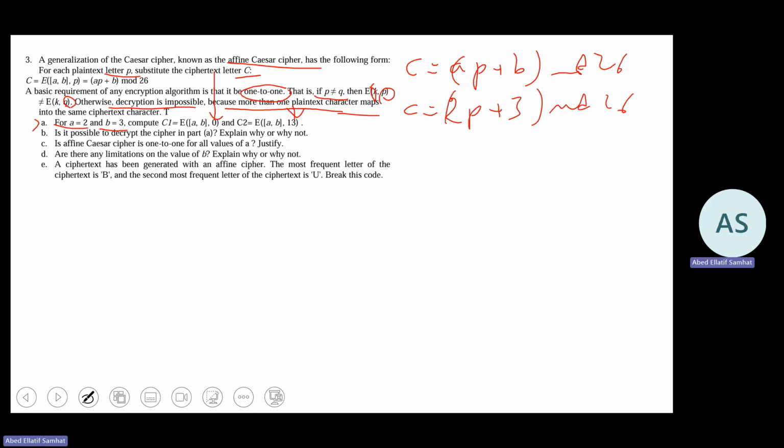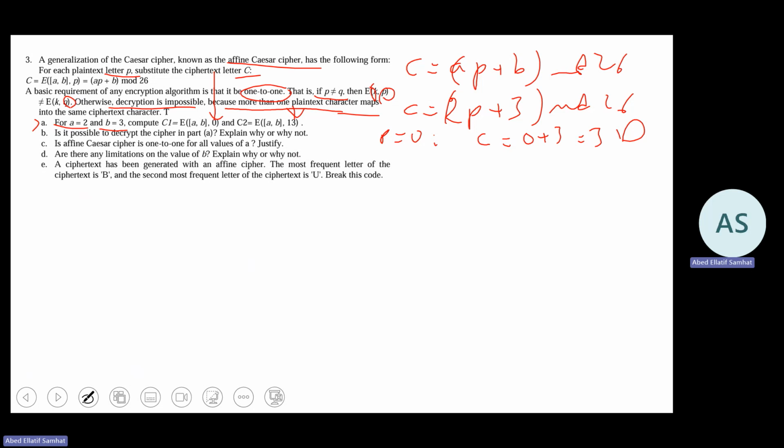For the plain text equal 0, the ciphertext is equal to 2 times 0 plus 3, which is 3 mod 26. It's equal to 3, which means in this case that the letter 3 is D. So it's D.